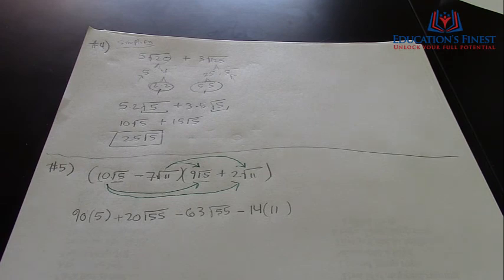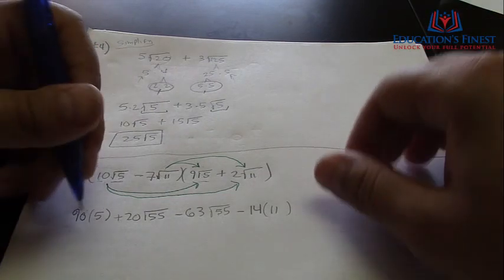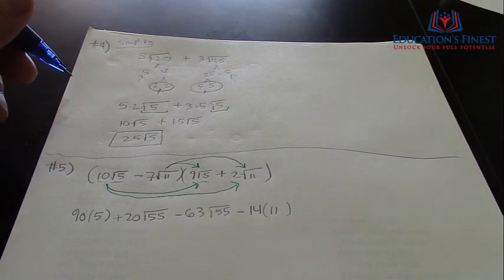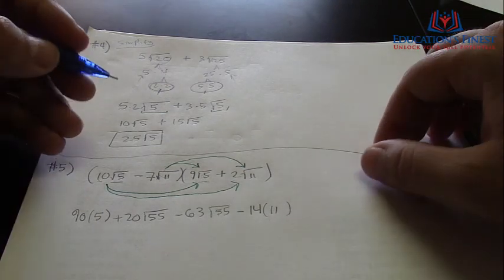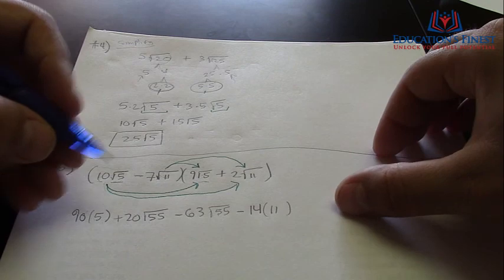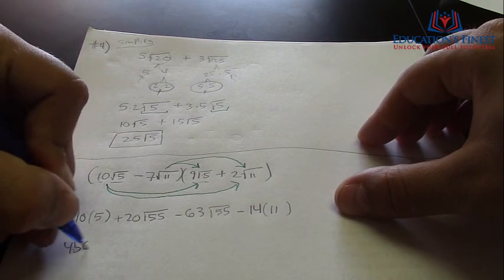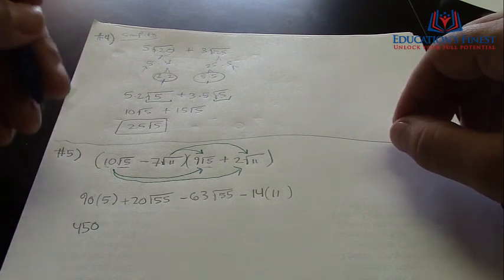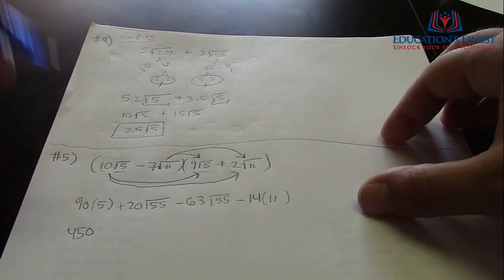So that being said, what is 90 times 5? And I'm pretty sure you're allowed to use a calculator, so you can just pop that guy in there. I don't have mine on hand at the moment, but that's going to be 450. Actually, I apologize, you guys can't use your calculator. So with that being said, just do it off on the side.